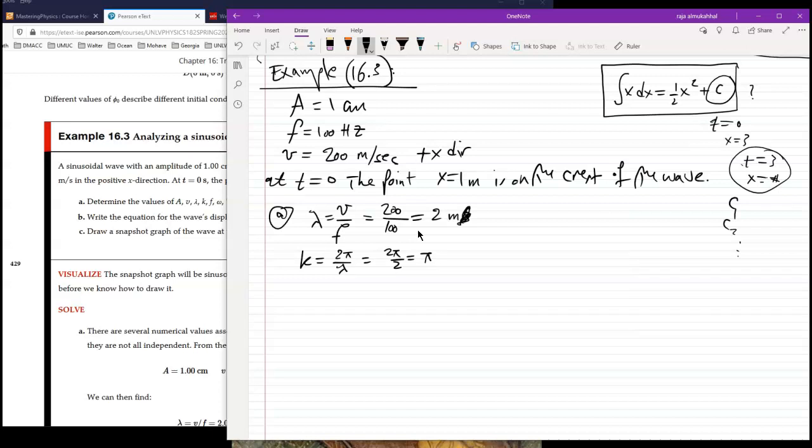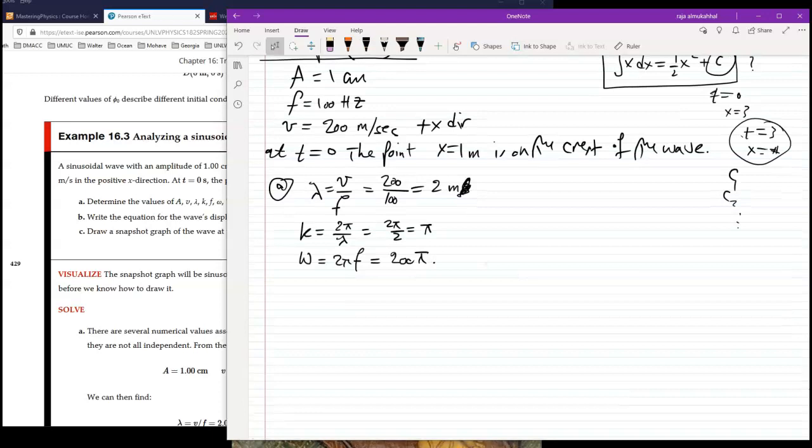And then the next one is omega. Omega is what? 2 pi f. f is given to me, 100, and 2 pi, so that's going to be 200 pi. Let's leave it like that. The next one is tau, the period, and it's the reciprocal of the frequency.